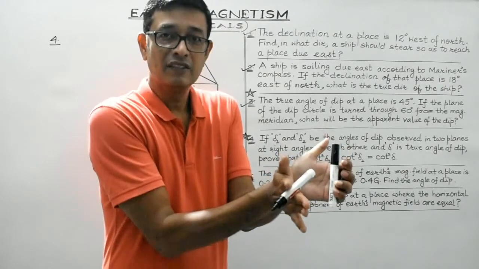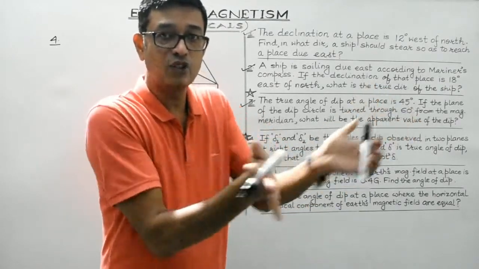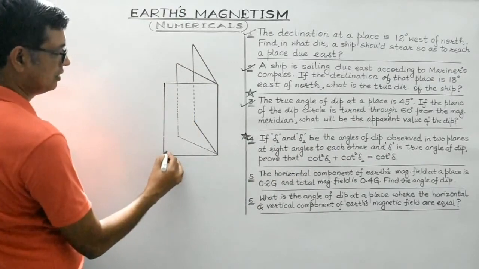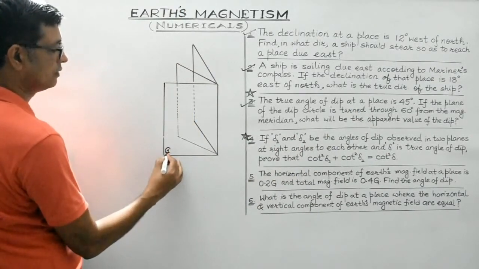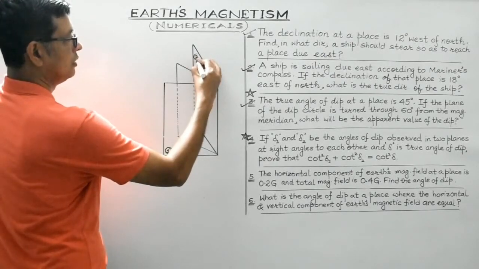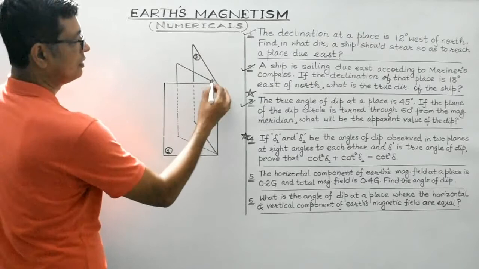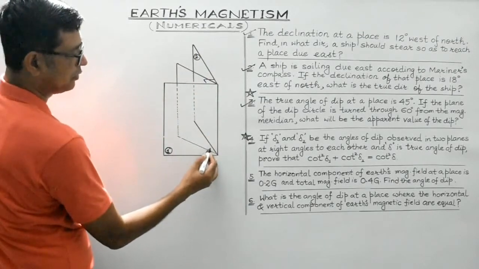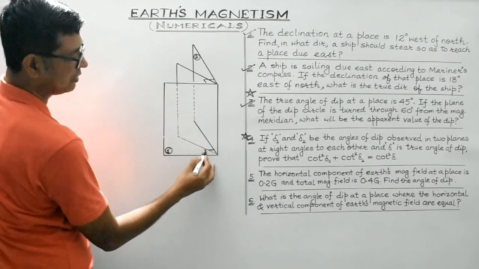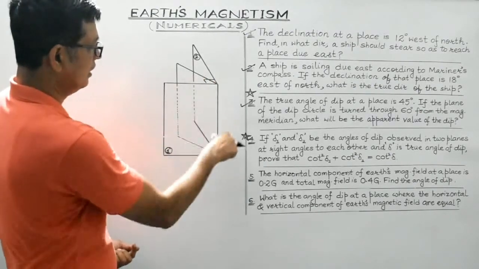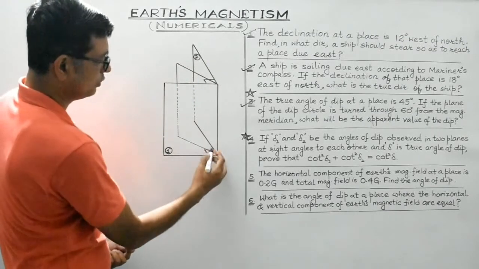Two planes are given to be at right angles to each other. Suppose students, this is plane 1, and this is plane 2. These two planes are at right angles to each other. The angle between these two is 90 degrees, right?